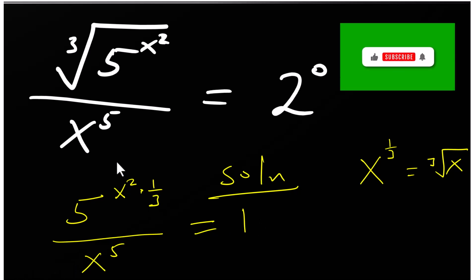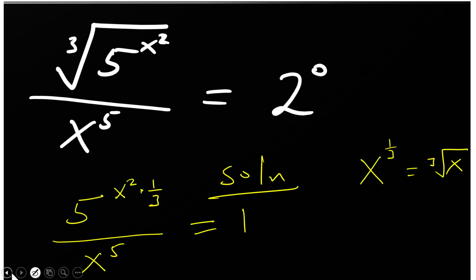Now let me write this one as x squared times 1 over 3. That will be 5 raised to x squared on 3, over x to the power 5, equals to 1.